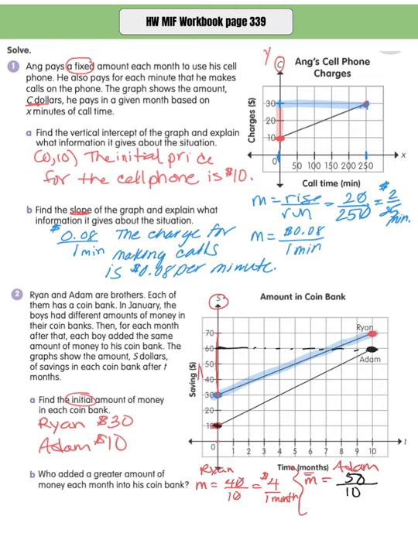Simplify that. You get $5 per month. So here, who added a greater amount each month? So that would be Adam, and by $1. Okay, and why did I write dollars? So here, Ryan's was 4, Adam was 5, so there's a difference of 1.